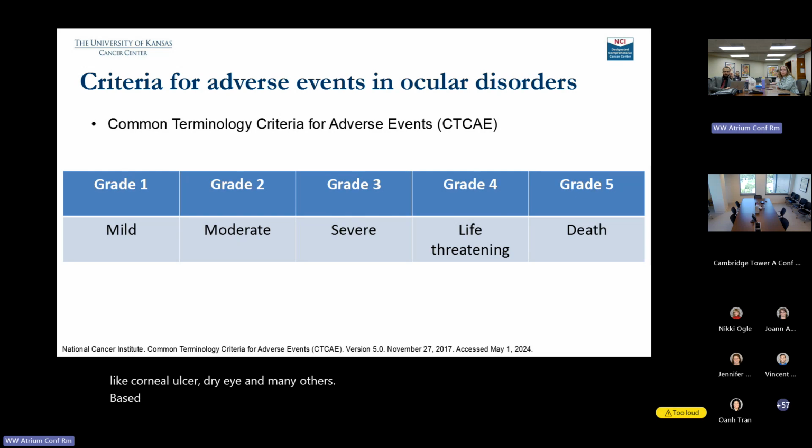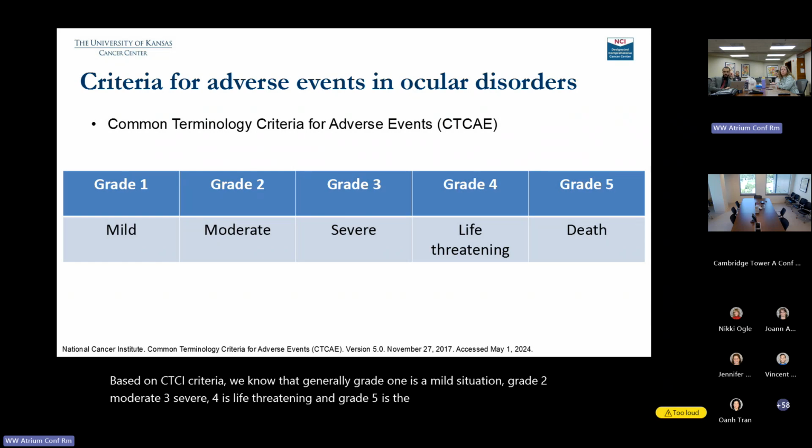Based on CTCAE criteria, generally grade 1 is mild, grade 2 moderate, grade 3 severe, grade 4 life-threatening, and grade 5 is the situation where the toxicity leads to death of the patient.